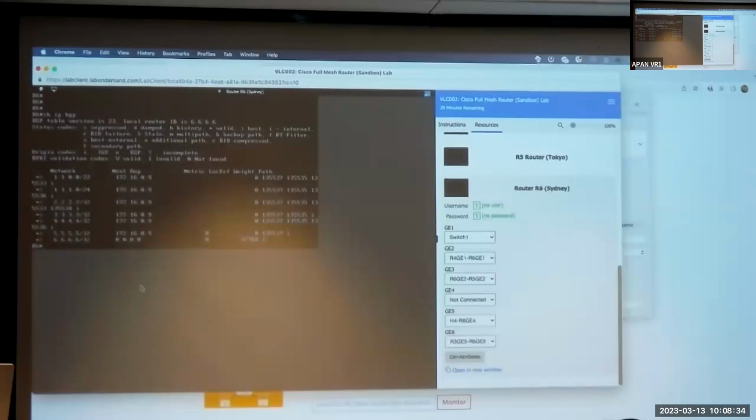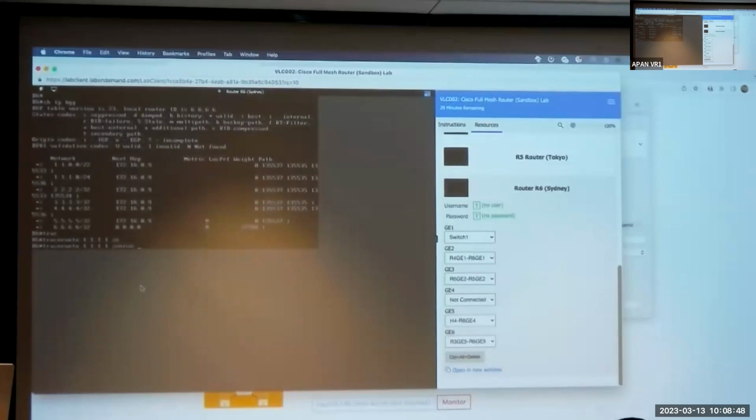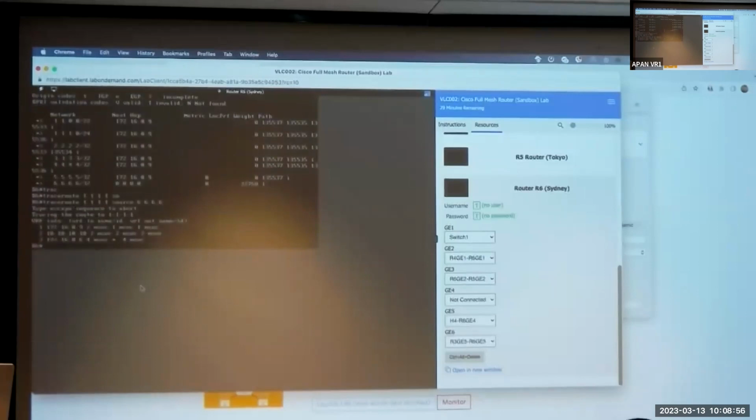So now it is different. You can see now it's going from R3 to R4.